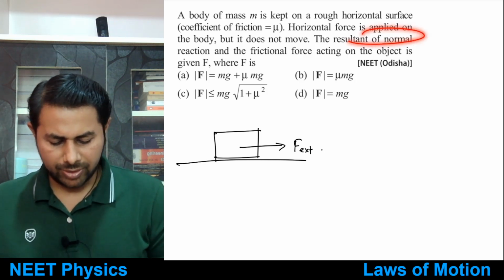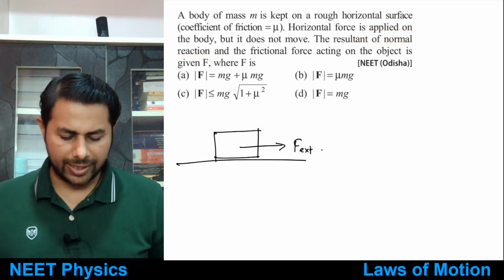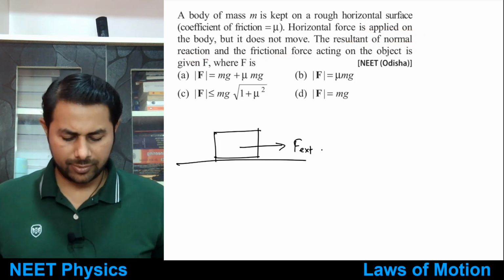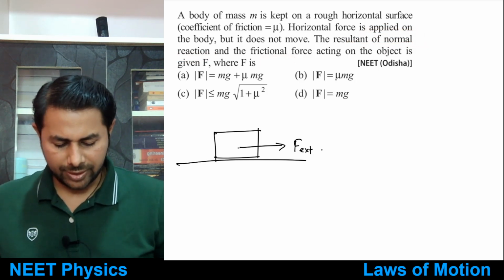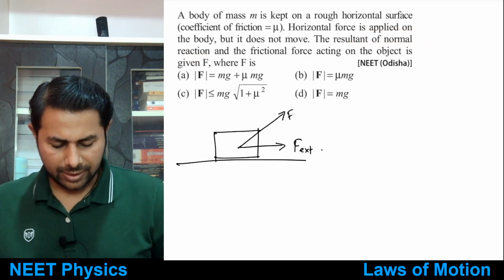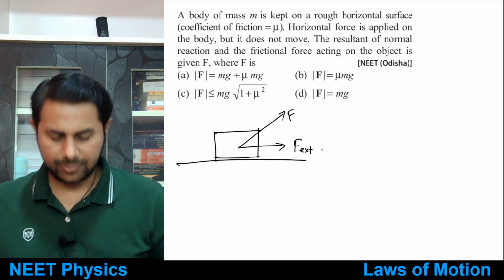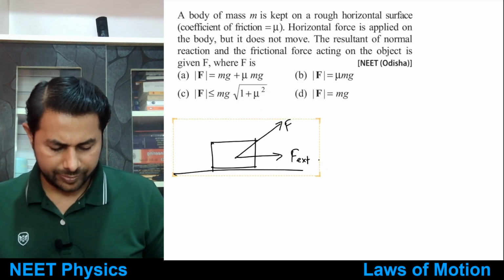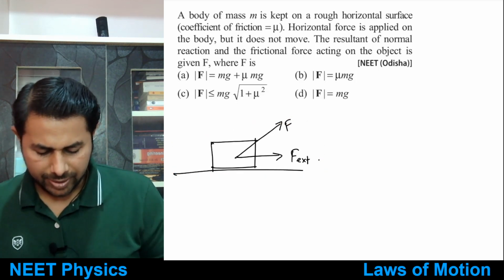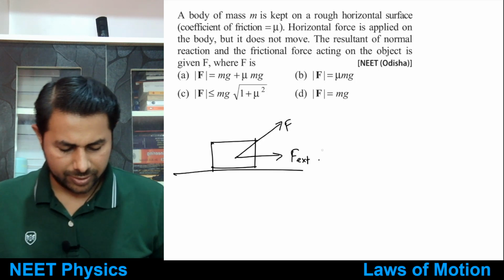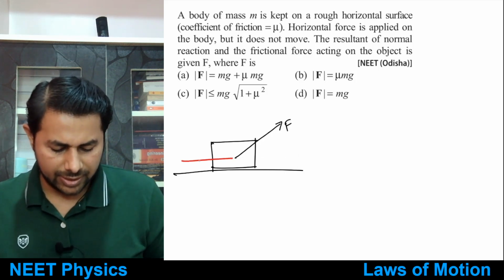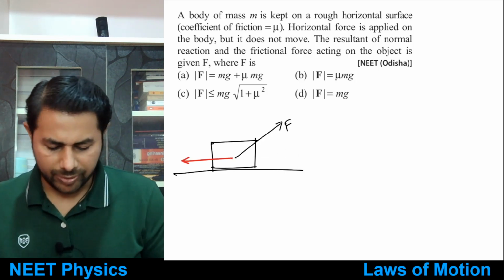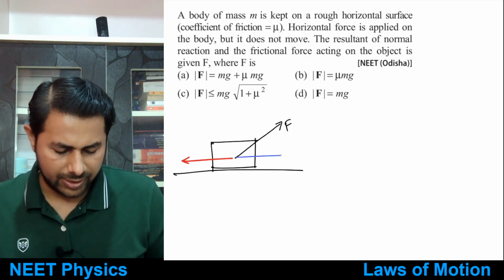They are asking about the resultant of normal reaction and the frictional force, so that is the total contact force only. Now we know that the frictional force will oppose this, so if the total external force is in this direction, the frictional force will be in the opposite direction.